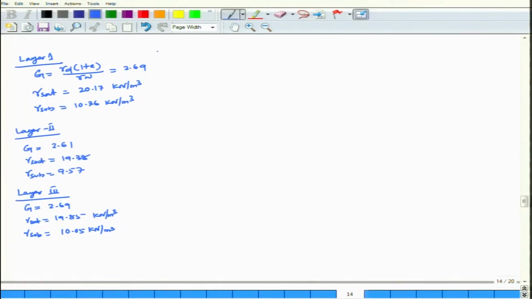Now Q0, based on that, Q0 you can calculate: gamma submerged 1 delta L1, gamma submerged 2 delta L2 plus gamma submerged 3 delta L3, which is equal to 160.40.